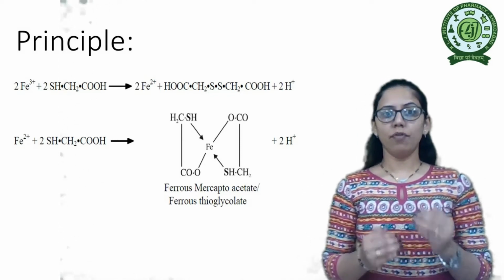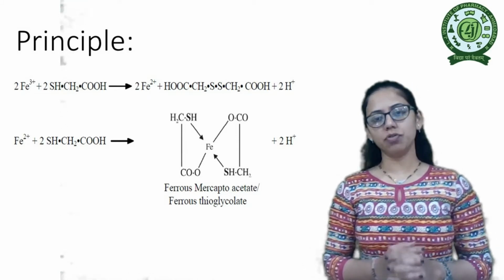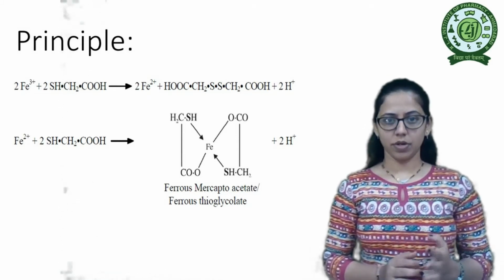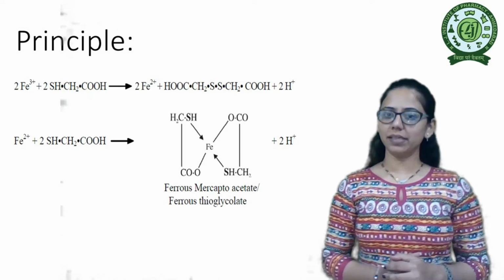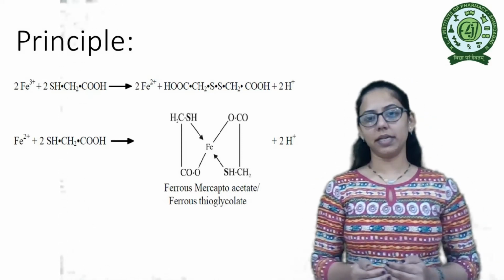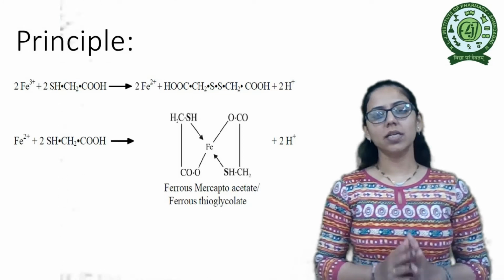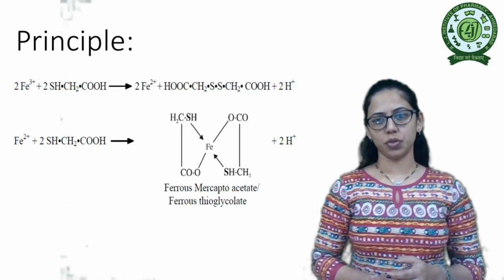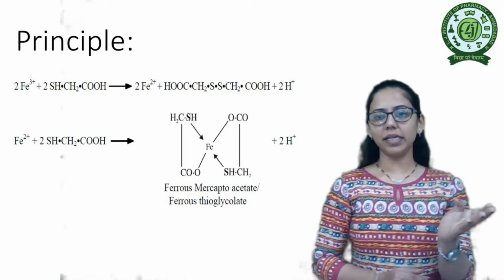Here, ferric ammonium sulfate is used as a standard. The test is very sensitive. The interference of other metal cations is eliminated here by using citric acid. The iron-free citric acid is used to complex other metal cations.